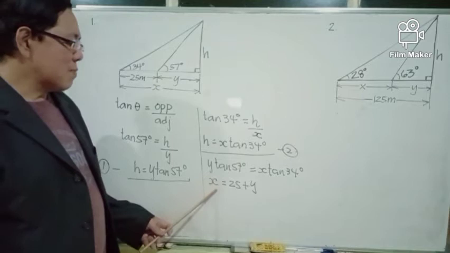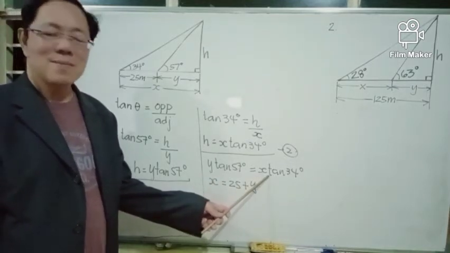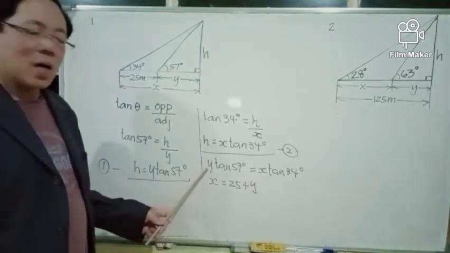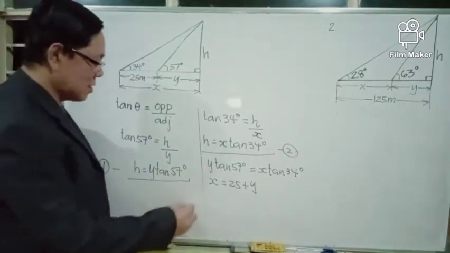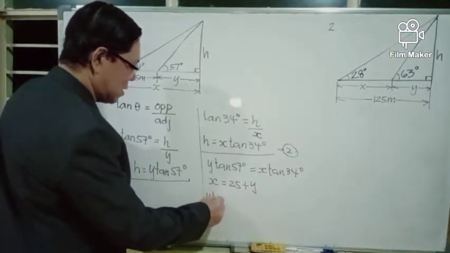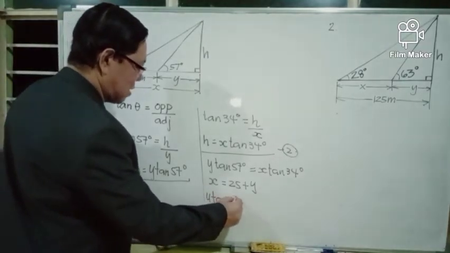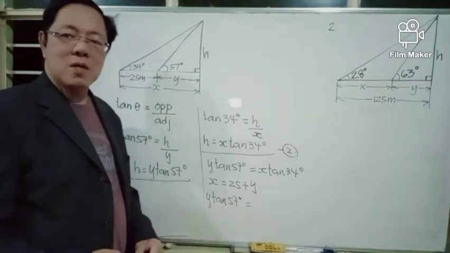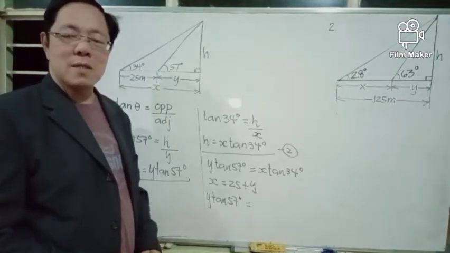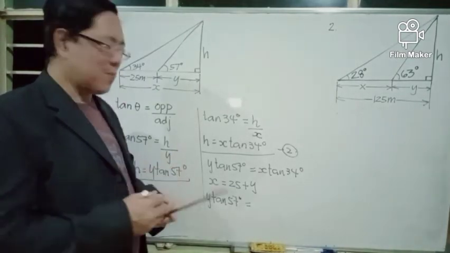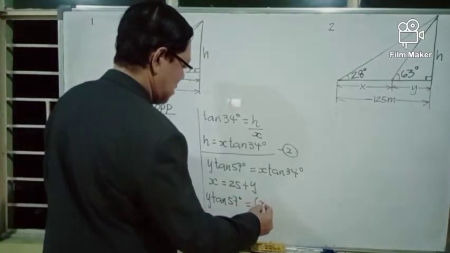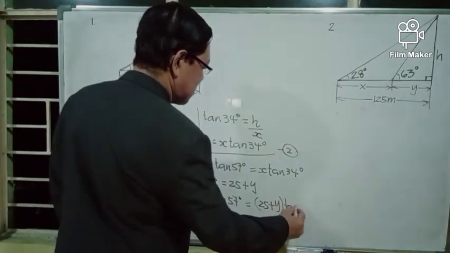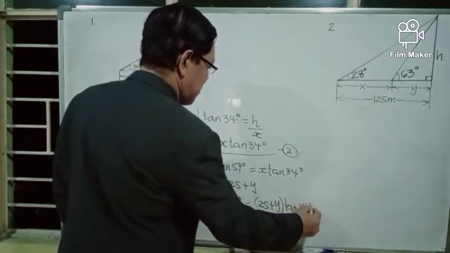We now substitute the value of x to the right hand side of this equation. At the left, we have y times tangent of 57 degrees equals x, 25 plus y. Because x has two terms, we write 25 plus y in parentheses, multiplied by tangent of 34 degrees.